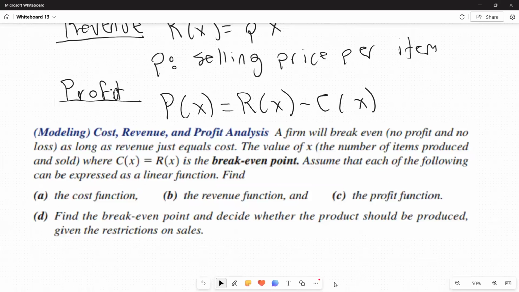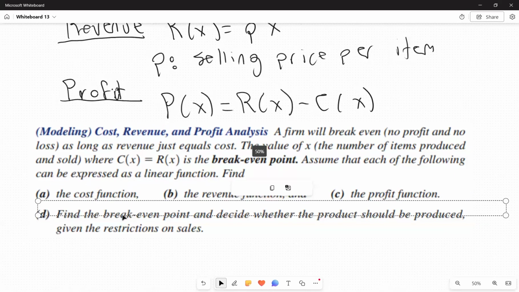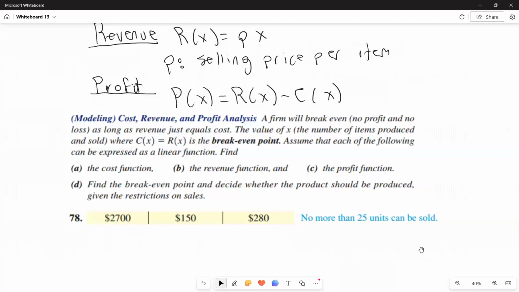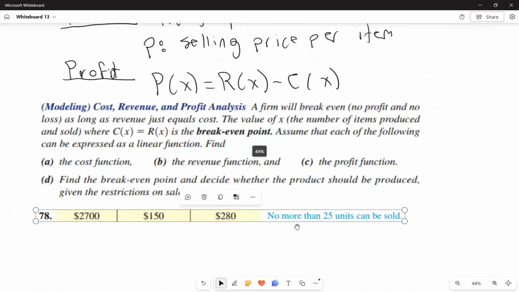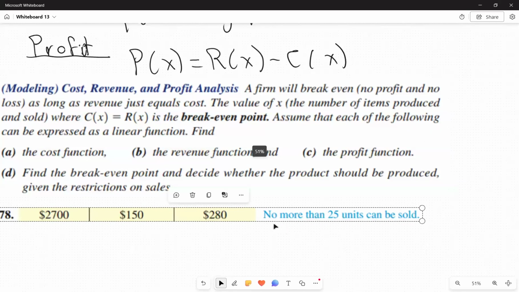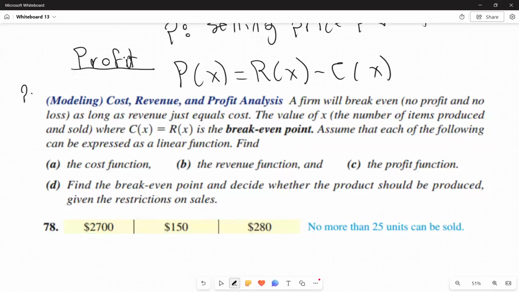And we're going to do number 78 on this page, 232.